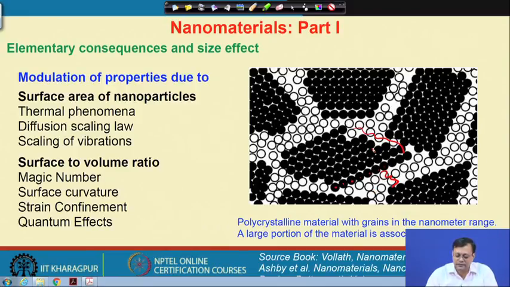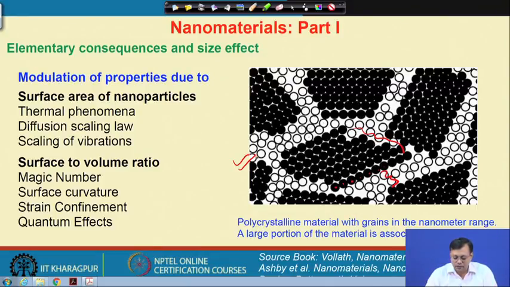So, by looking at such a microstructure, one can easily speculate that around 50% grain boundary and 50% grains are present, or area covered by the grain boundaries. So, this is a very simple metallurgical aspect of a grain and grain boundary area.